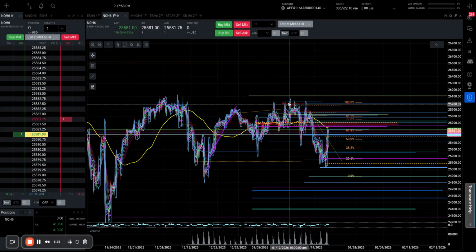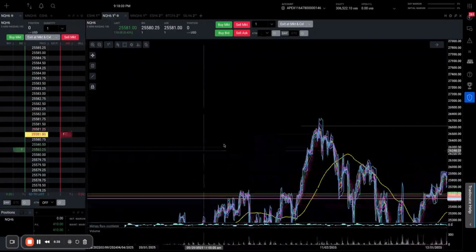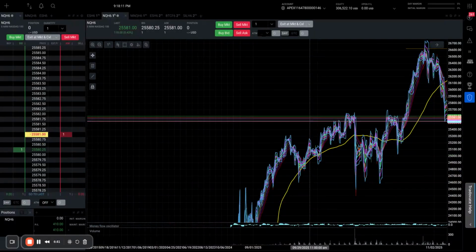We'll say for this short-term period since January 12th, but overall we've been pretty much in a down market here since October, from what I see here, guys.